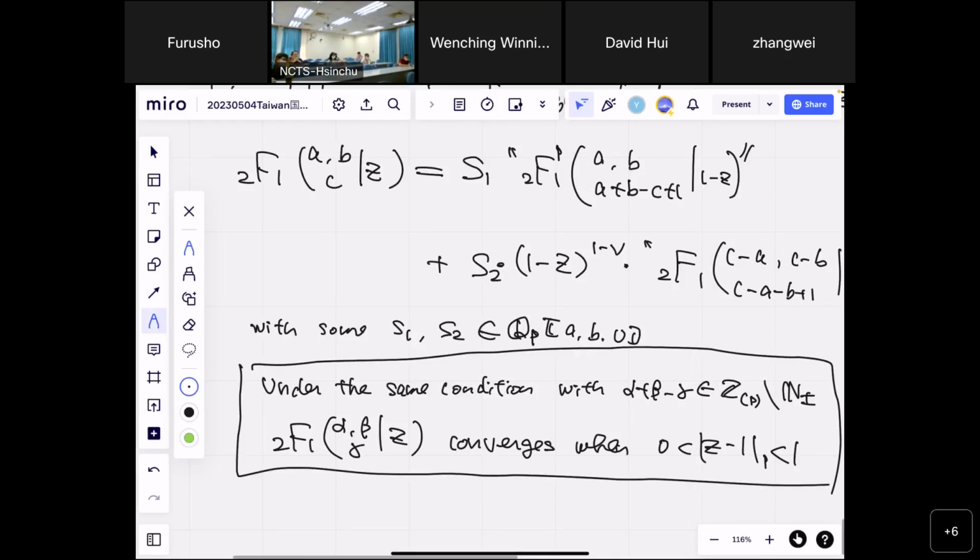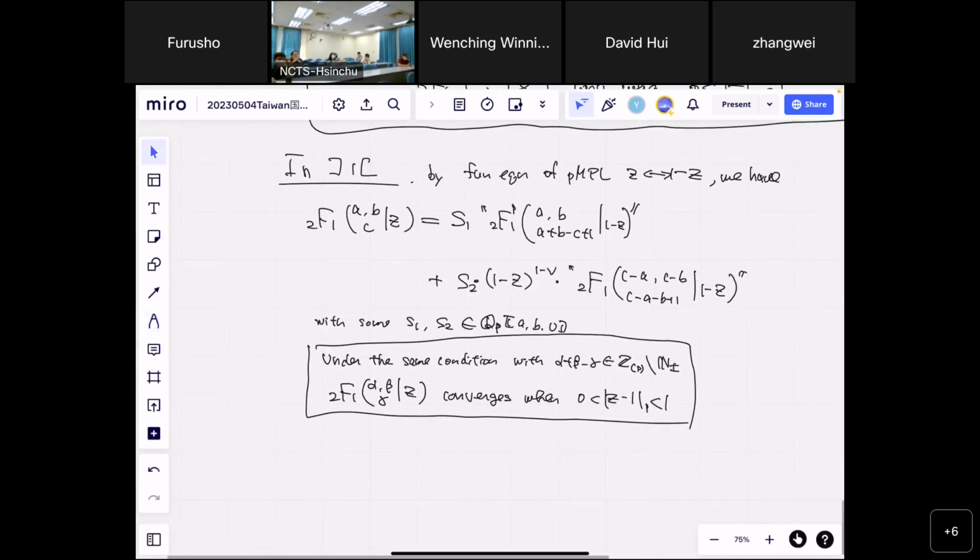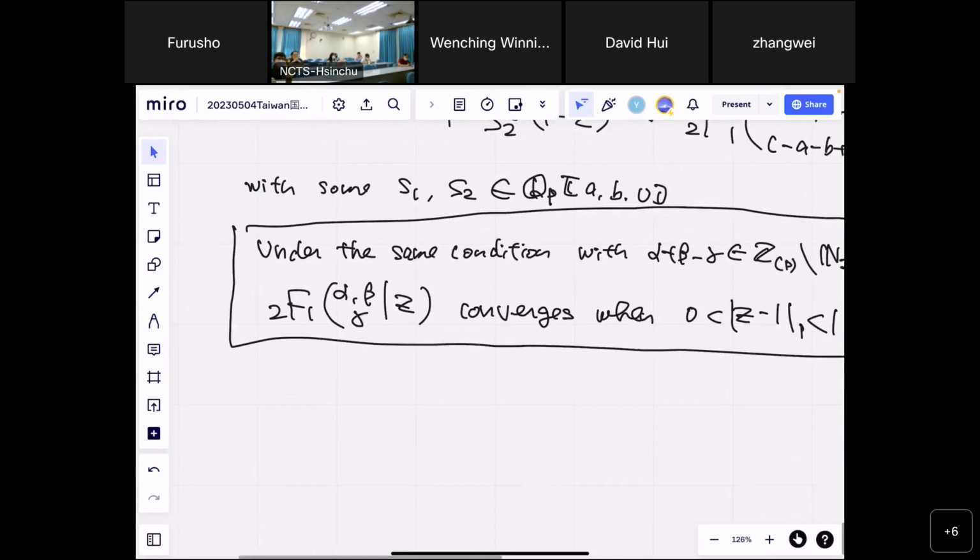How I check that is in the residue class, at the local neighborhood at the point 1. And how the p-adic hypergeometric equation is obtained like this.